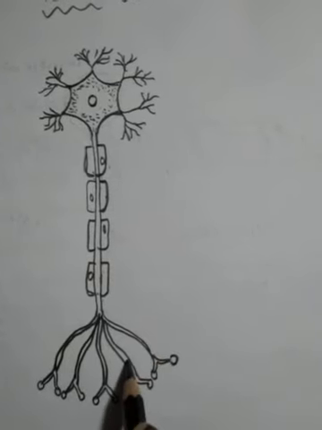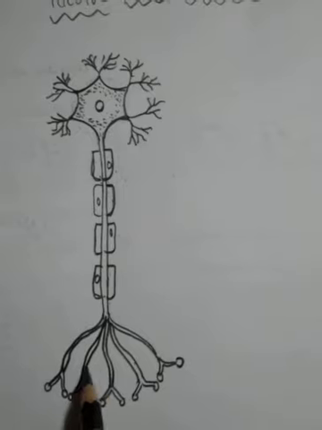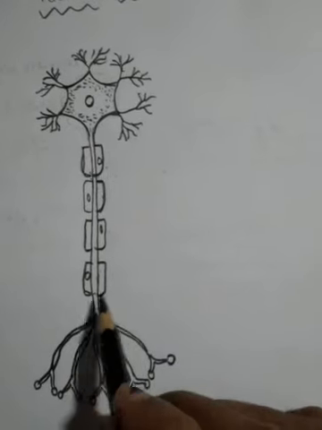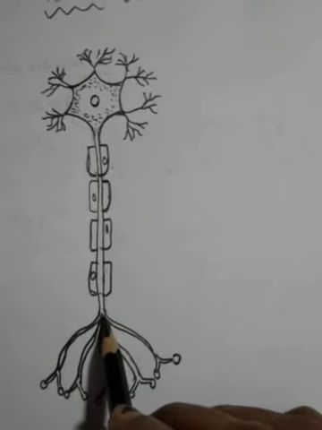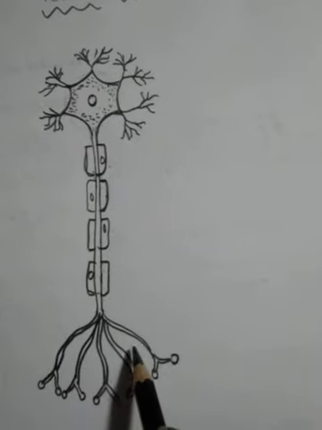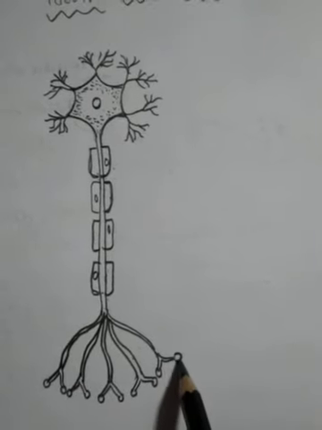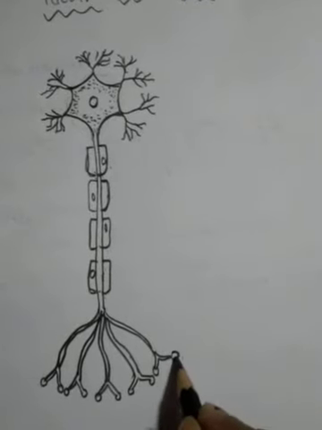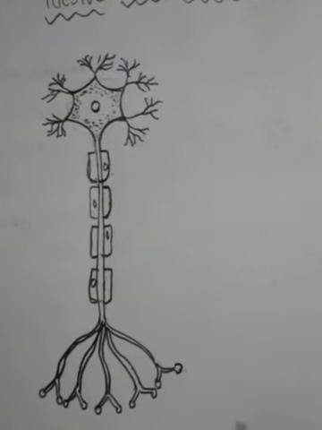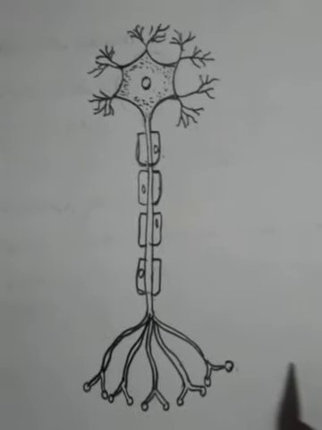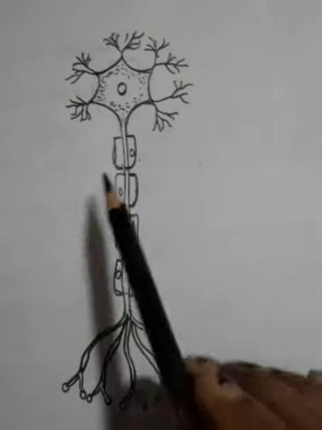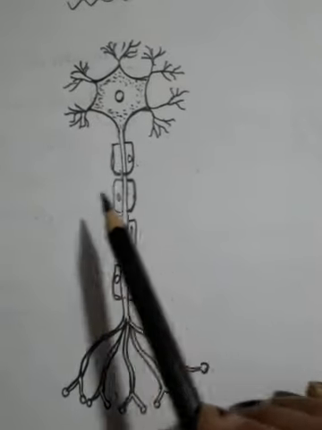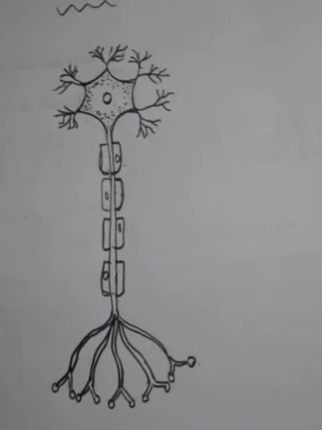The part which arises from that ends with the axon terminals, and the axon terminals end with the synaptic knobs. These are called synaptic knobs. This is a complete nerve cell, or a neuron. This is actually the microscopic structure.